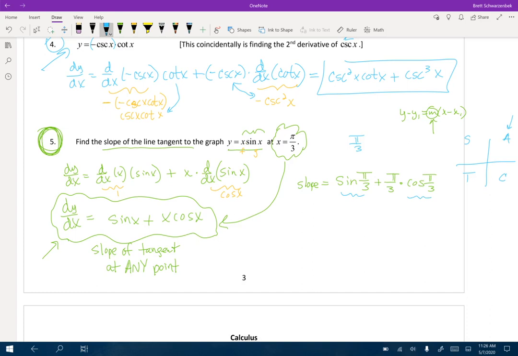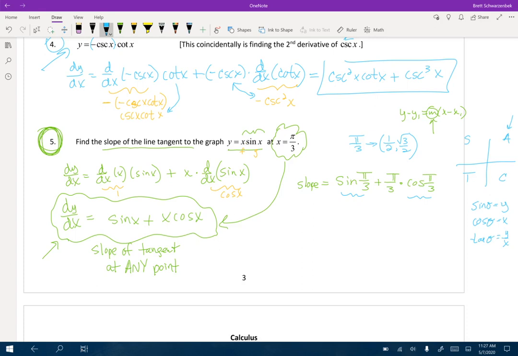The second thing is we need the actual coordinate for all pi over 3 angles. What is that coordinate? It is 1/2, root 3 over 2. What else do we have to know? Well, the sine of any angle, let's say theta, is always equal to the y-coordinate. The cosine of angle theta is the x-coordinate. Also recall the tangent, which we won't need here, is y over x.